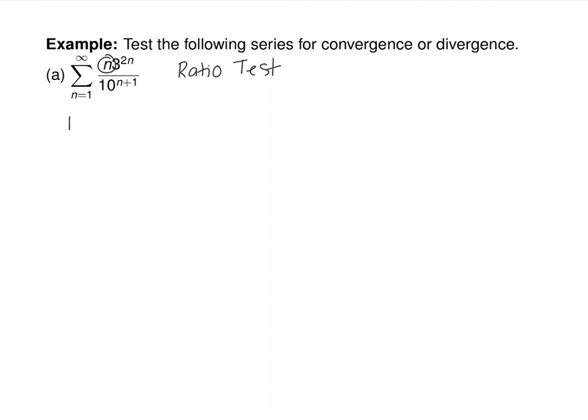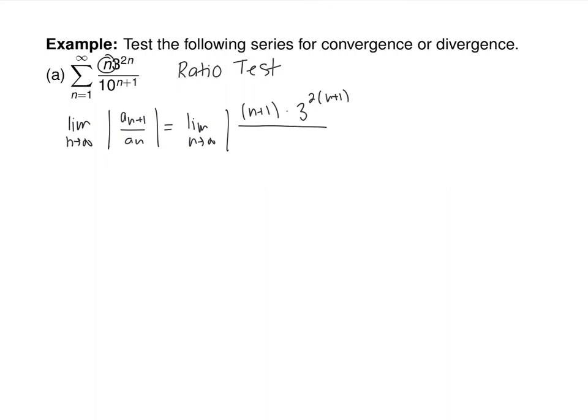So that tells us to find the limit as n goes to infinity of the ratio of the n plus first term over the nth term. So plugging in n plus 1, we have n plus 1 times 3 to the 2 times n plus 1 over 10 to the n plus 1, or n plus 2, times 10 to the n plus 1 over n 3 to the 2n.